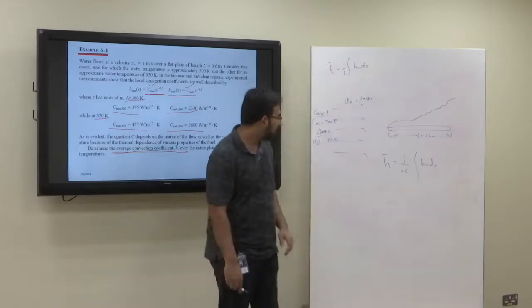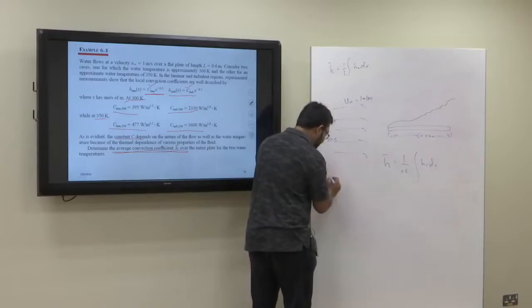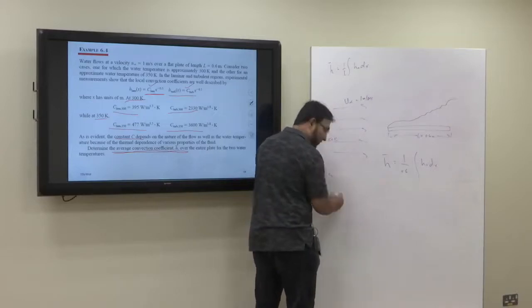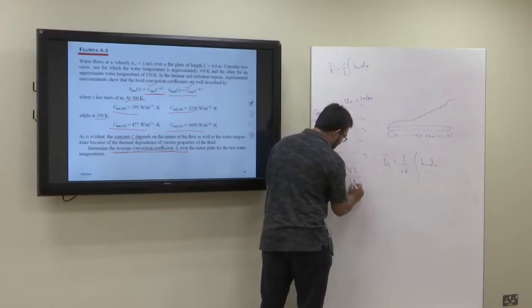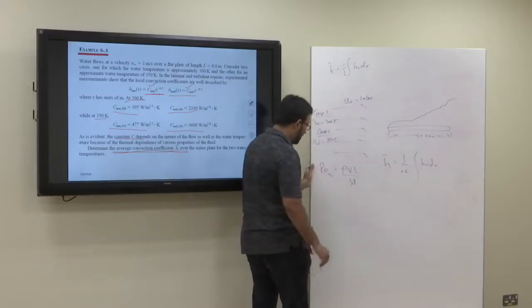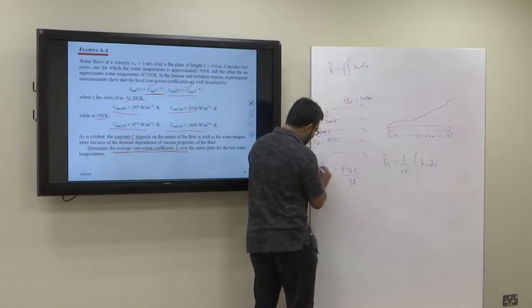So we use the formula for critical Reynolds number, which is equal to rho V L upon mu, and the critical Reynolds number is 5 into 10 to the power 5.